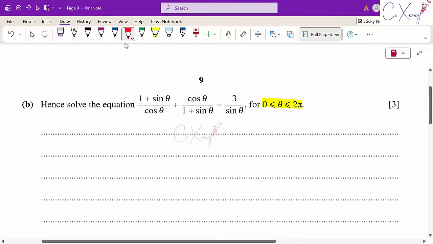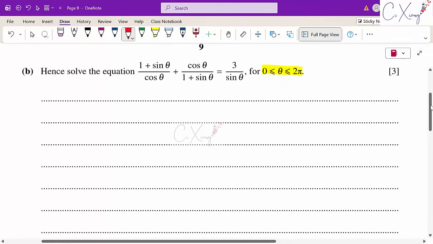Usually, if part A asks you to prove something, you have to apply the result in part B. Same thing happens here. The left-hand side of this equation is basically what we have in part A, so I will directly substitute what I proved in part A. The right-hand side gives 2 over cos theta, equals 3 over sine theta.